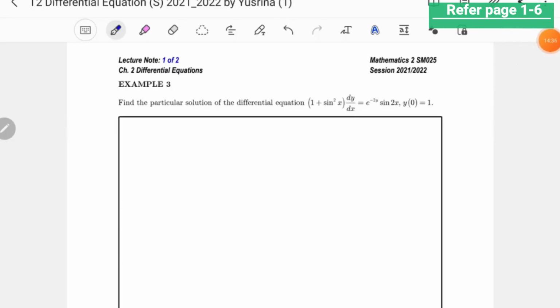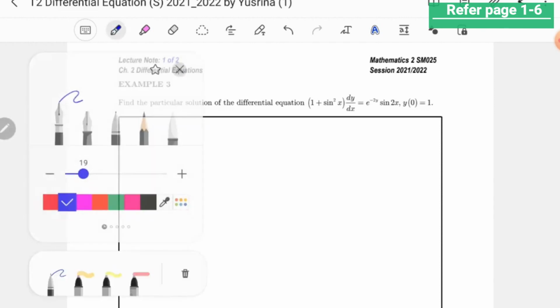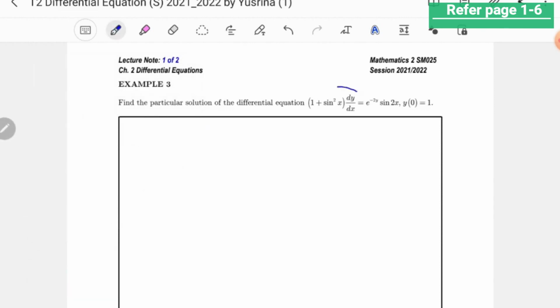Okay, next, example 3. Find the particular solution of the differential equation 1 plus sin squared x dy/dx equals e to the negative 2y sin 2x, where x equals 0, then y equals 1. First, count the terms.